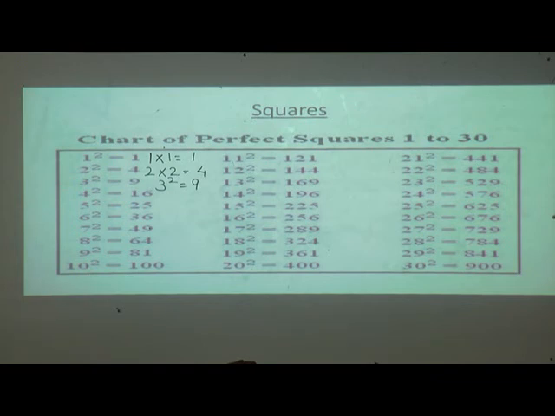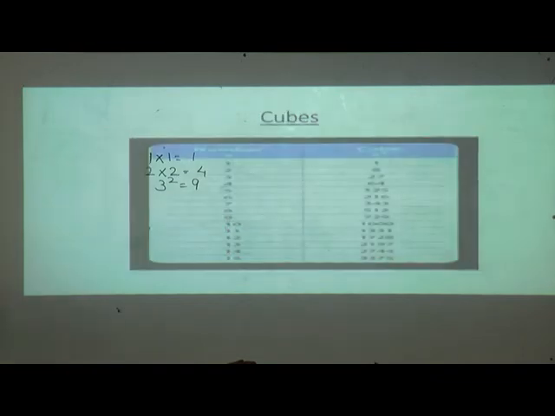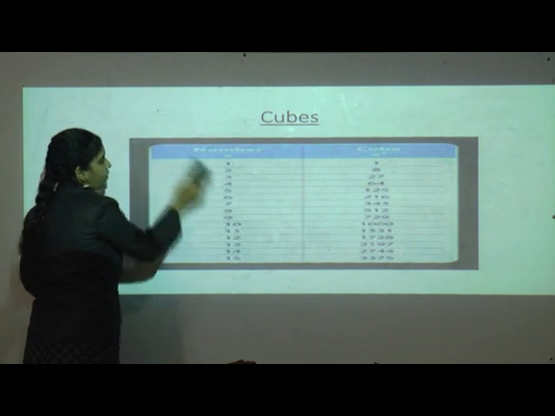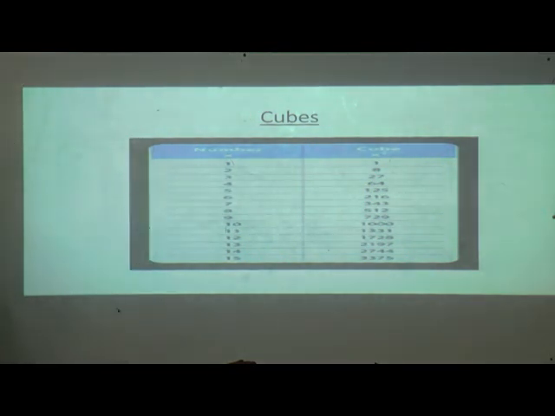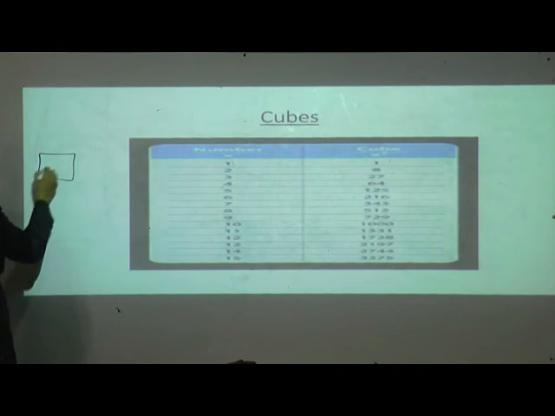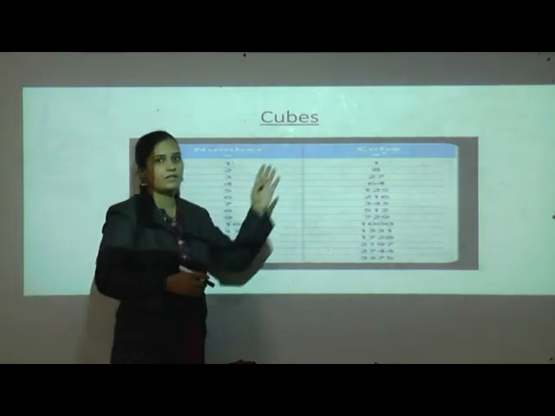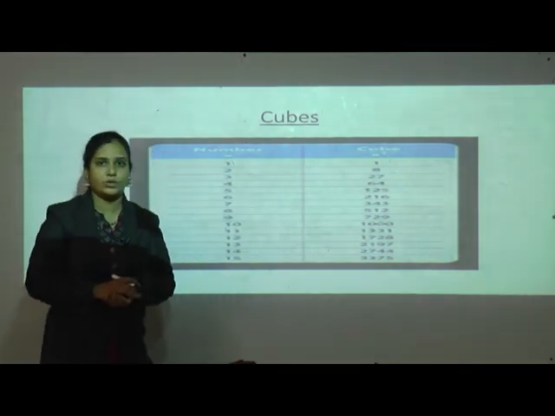Now students, here cubes. Just now I told you about squares. Then what is meant by cubes? Is it a figure cube? No. Cubes means when we multiply one number 3 times, the answer is a cube.